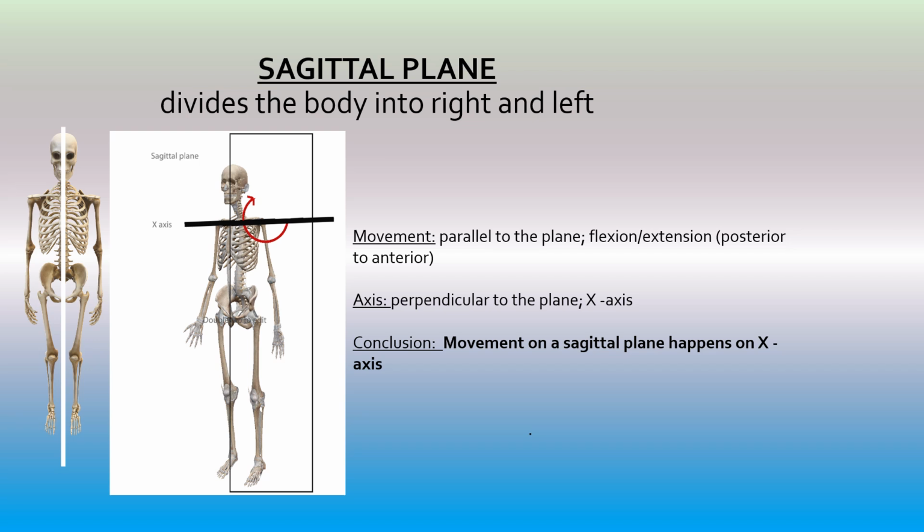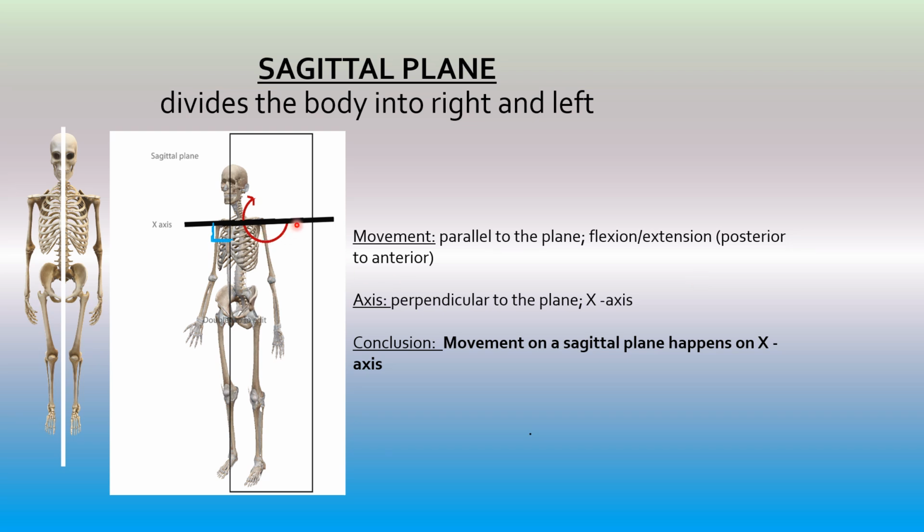If you look, you can actually see that the axes of rotation and the plane of motion are at a 90-degree angle. However, the movement itself that's associated with medial-lateral axes is, in fact, flexion and extension.